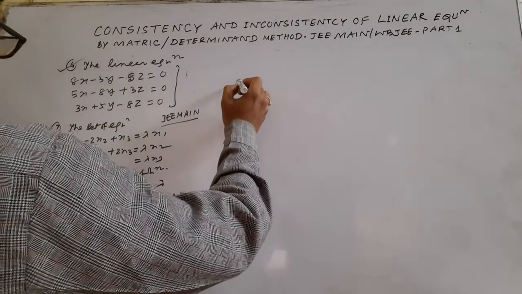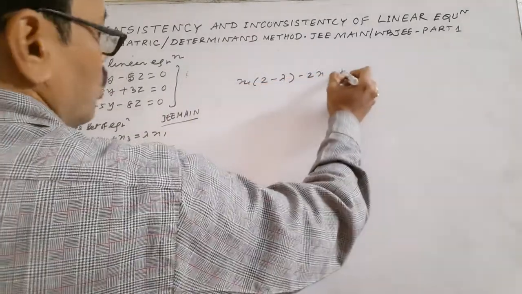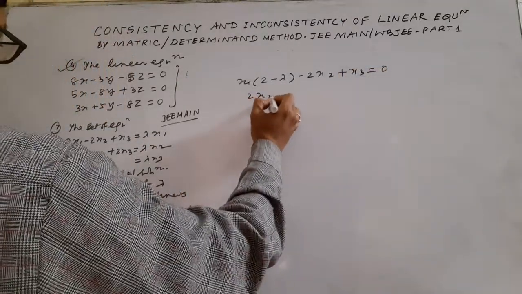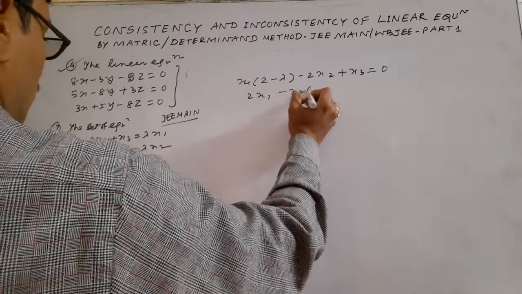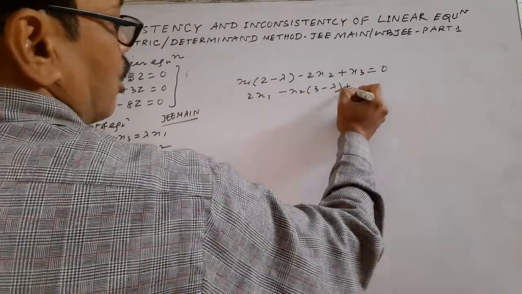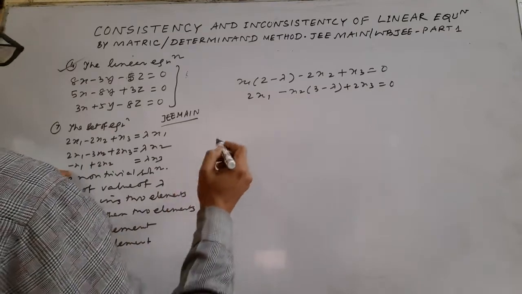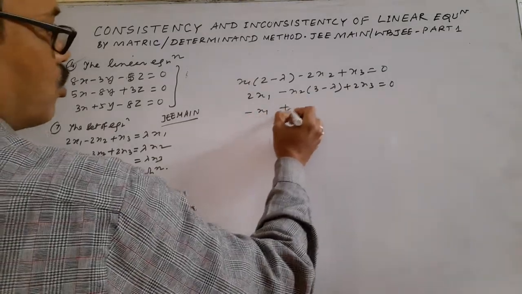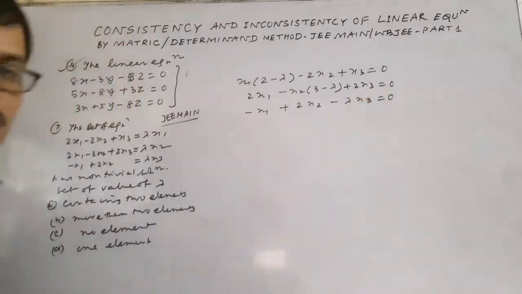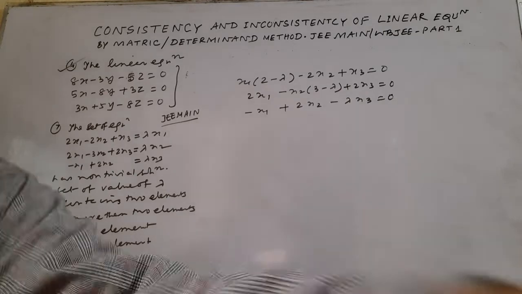So x1 common, (2 minus lambda) x1 minus 2x2 plus x3 equals 0. 2x1 minus x2 common, (3 minus lambda) x2 plus 2x3 equals 0. Then minus x1 plus 2x2 minus lambda x3 equals 0. So this is a homogeneous equation.